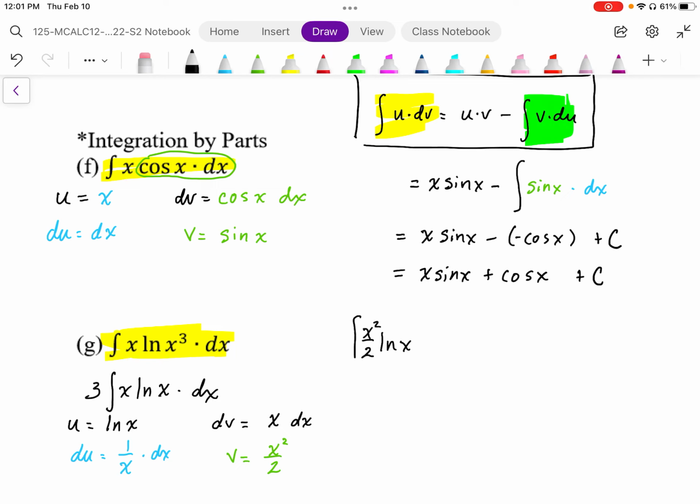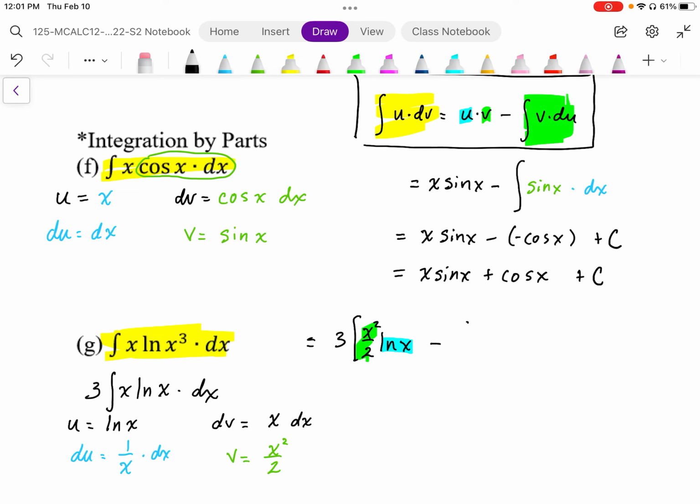Don't forget that 3. So this is equal to 3 times. Okay, so there's my u and v. So my v is this part here, and my u is this part here. Okay, I've kind of switched it around, but it just makes it easier to look at when I do that.